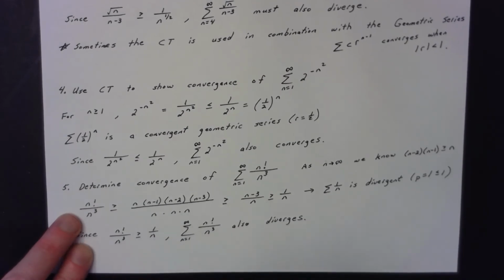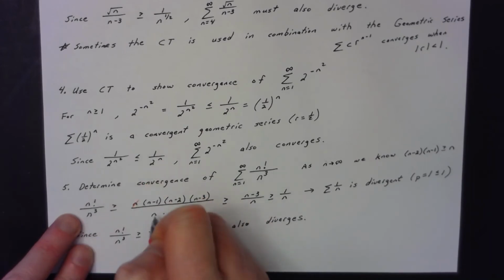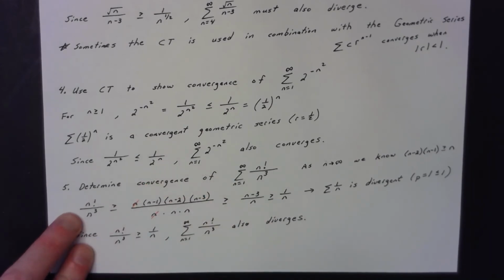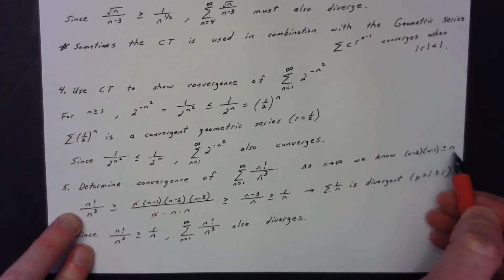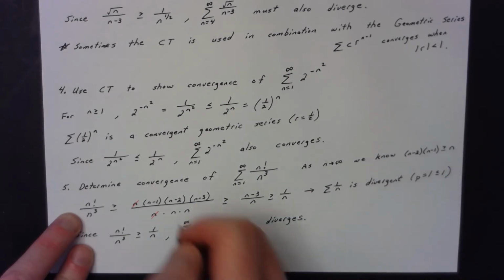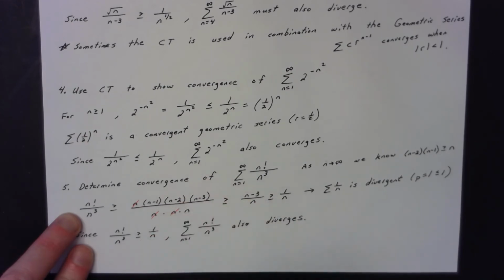Now what I've done is I said, well clearly this n and this n will cancel out. And since n minus 2 times n minus 1 is greater than n, how about if I take that n out of the denominator, but I'm going to make the fraction smaller by canceling out two factors of n minus 1 and n minus 2 in the numerator.